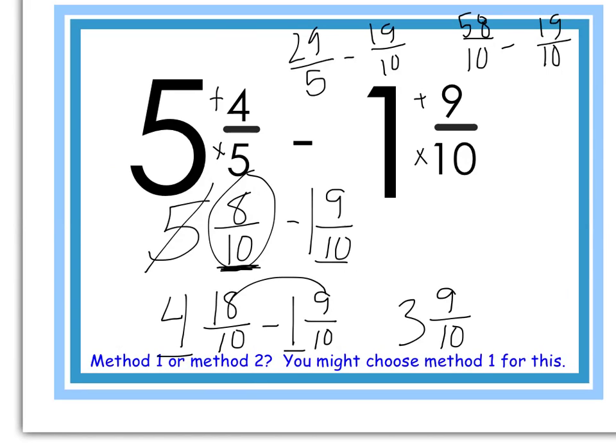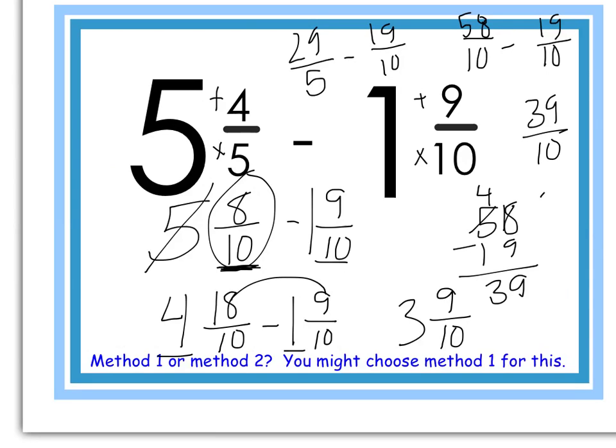So I'm going to have, let's see, 58, take away 19. A 9 and a 39. So 39/10. 10 goes into 39 3 times with 9 left over out of 10. I don't know. It's up to you which method is easier, works nicer for you. I kind of still prefer method 2.